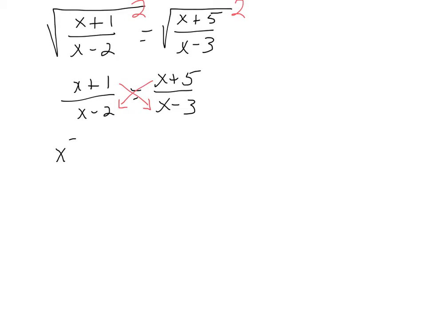and we end up with x squared plus 3x minus 10 equal to x squared minus 2x minus 3. Subtract an x squared from both sides.